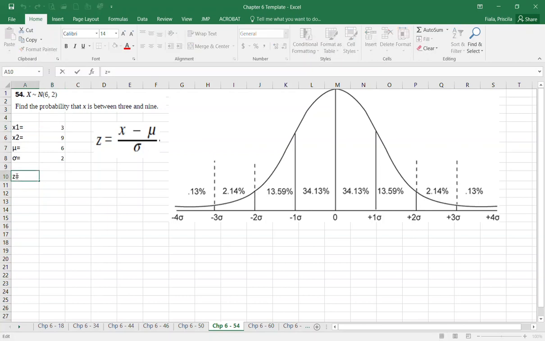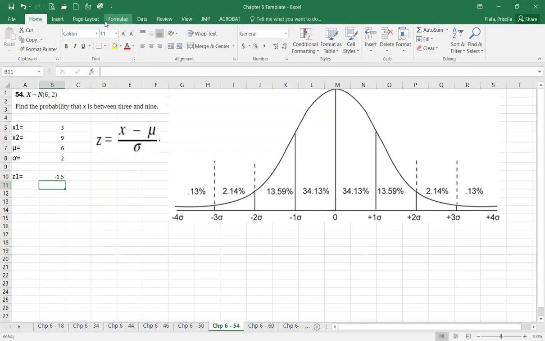Let's put z1 so you know you're referring to x1. So let's do z1 equals my x value, let me put between parentheses, minus my mean right here, divided by my standard deviation. So my first z for 3 is a negative 1.5.